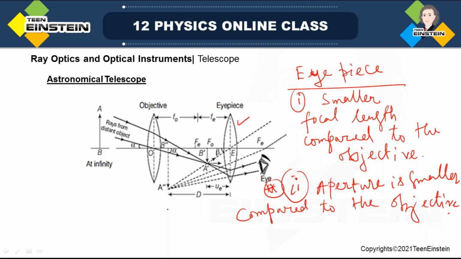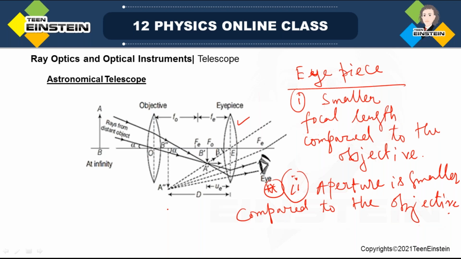That's why the aperture is smaller than the objective here. So the aperture of the eyepiece is taken small so that the whole light of the telescope enters the eye for distinct vision. So this is about the construction.